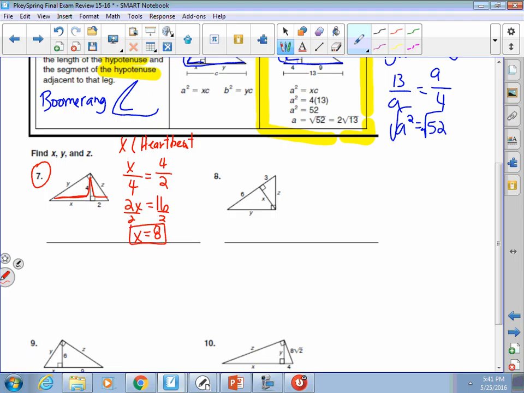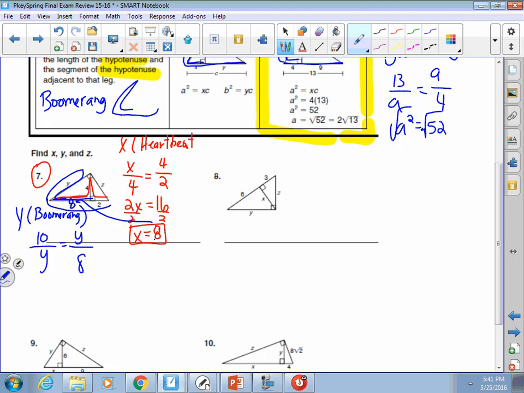So now to find the y is dealing with boomerang. Because I know that's 8, I'm just going to plug that in for this side right there. So boomerang says I do the whole. That would be 8 plus 2, which is 10, to the y, back down y, to 8. And then I can cross multiply.